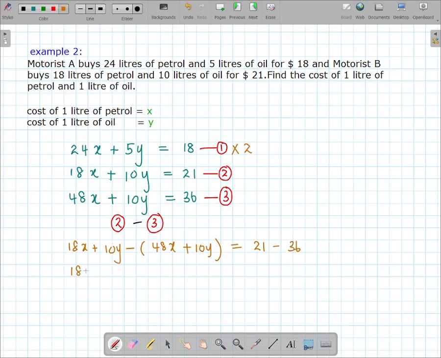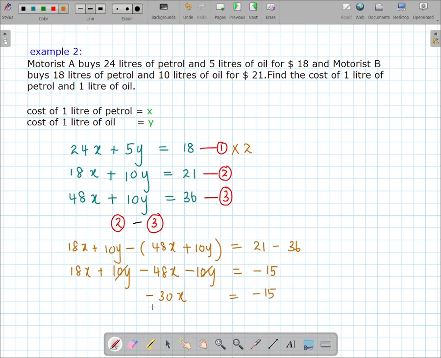Then 18x plus 10y, I'm going to expand the bracket by minus times 48x, minus 48x, minus times plus 10y, minus 10y equals 21 minus 36, that is minus 15. Then plus 10y minus 10y cancelled. 18x minus 48x, that is minus 30x equals minus 15.